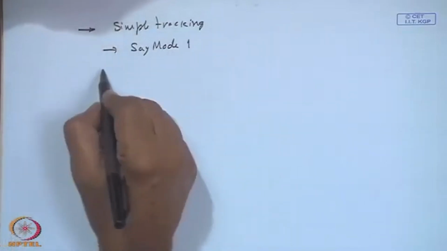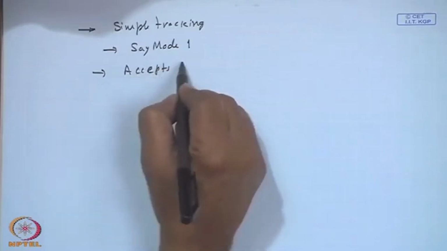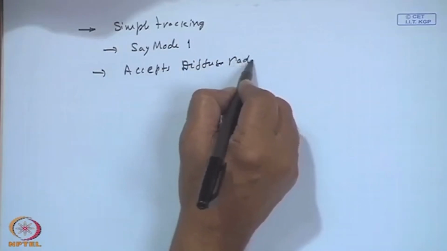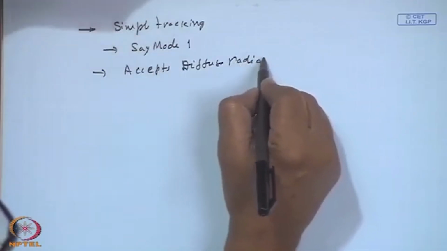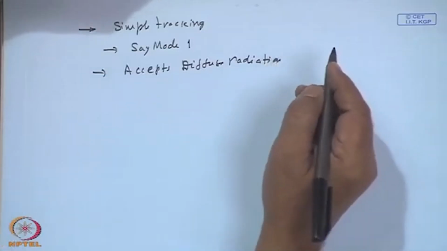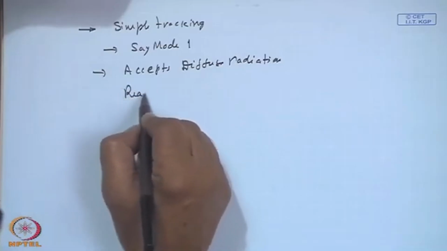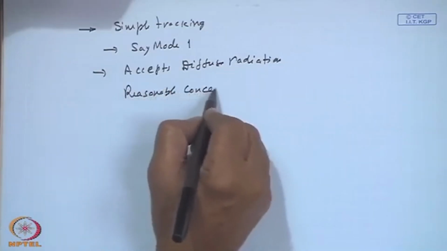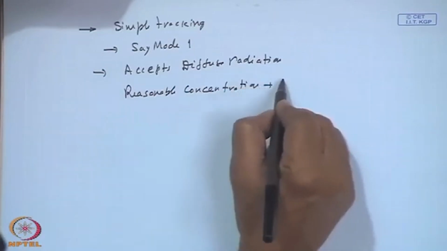Then it accepts diffuse radiation, because whatever enters through capital W width should reach also the receiver area AR, and reasonable concentration, like maybe 3.